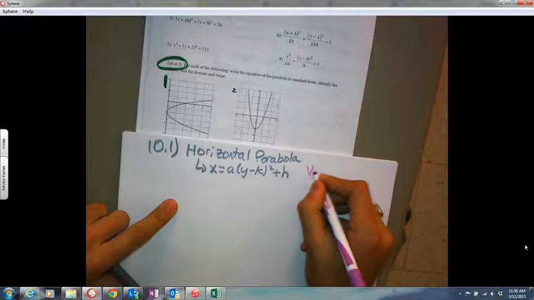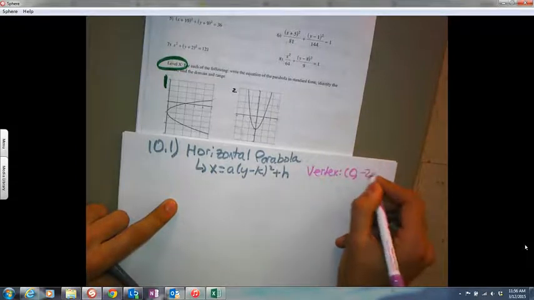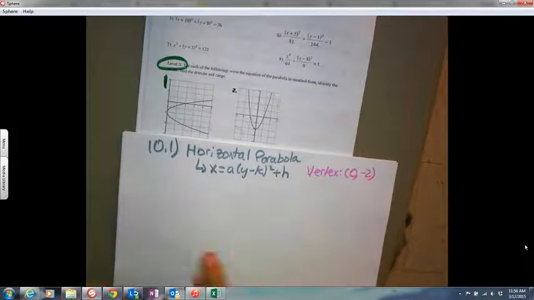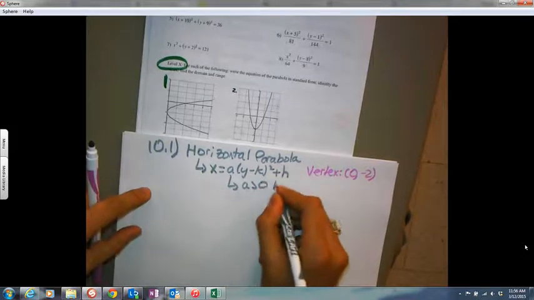When I look at this, I know right away that we have a vertex of this parabola at (0, -2). And I also see that this a value, a, must be greater than 0, as we open right.